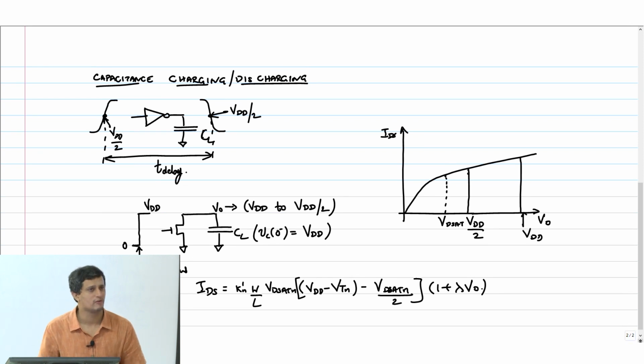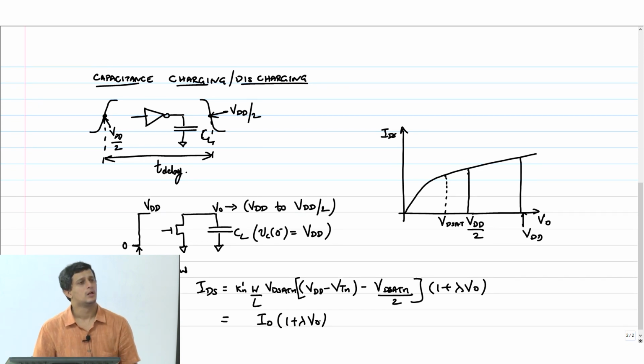Suppose this is a long channel device, then this would be in saturation, where this would just be Kn prime by 2 W by L, VGS minus VT, VDD minus VT, the whole square. Okay, so let me not worry about all that. I will just write this as I0 into 1 plus lambda V0. Whether it is velocity saturated or not, or it is in saturation, I0 is independent of V0. That's the only thing I am worried about.